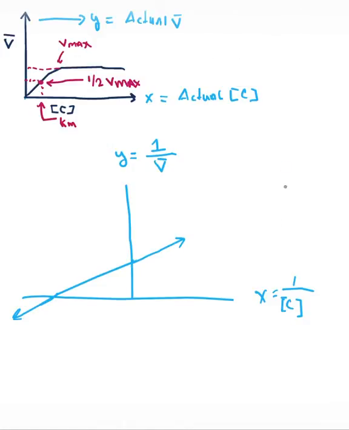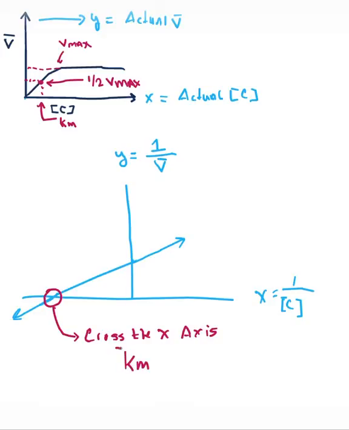So there are a couple of important things we want to know here. The first thing is that where this line crosses the x-axis down here, wherever I cross the x-axis, that is actually going to represent the Km value.